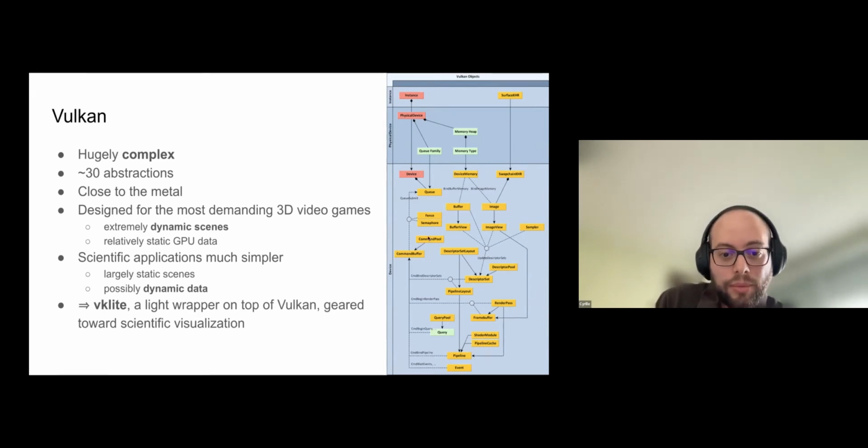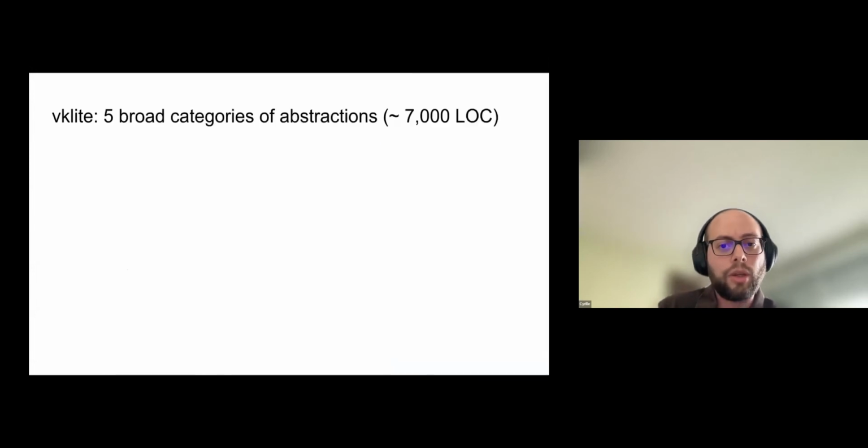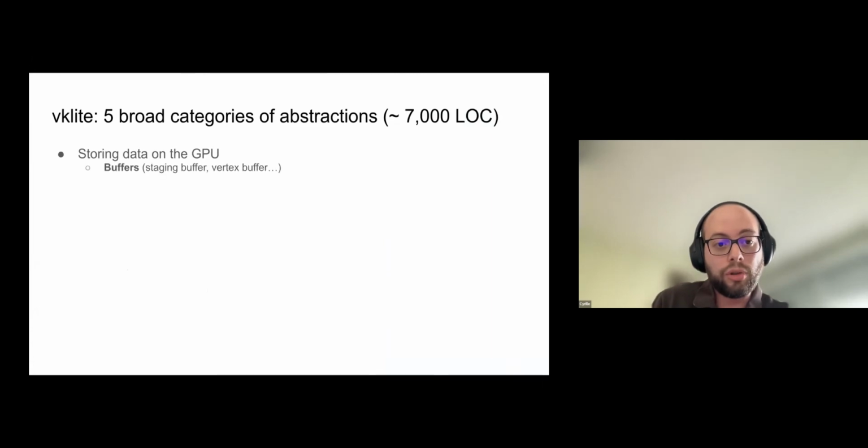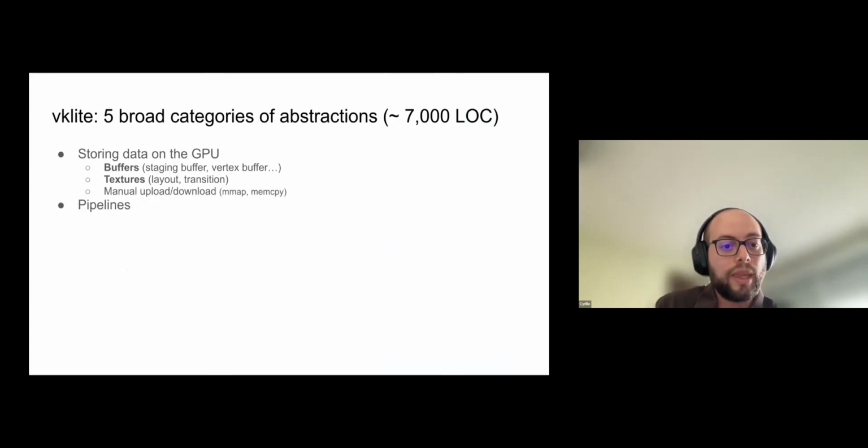We can simplify it, and that's what I did in Datoviz. I created a light wrapper on top of Vulkan that I call VK Lite, that focuses specifically on scientific visualization. I won't go into the details, but basically you have some functions to store data on the GPU, either in buffers or in textures, 1D, 2D, or 3D.